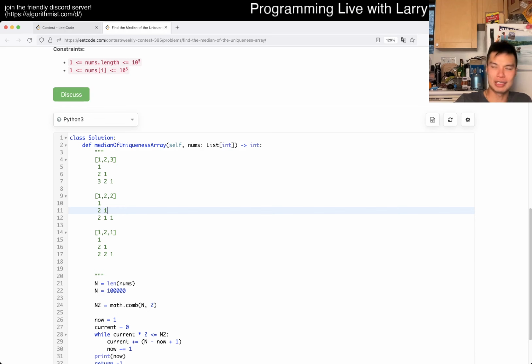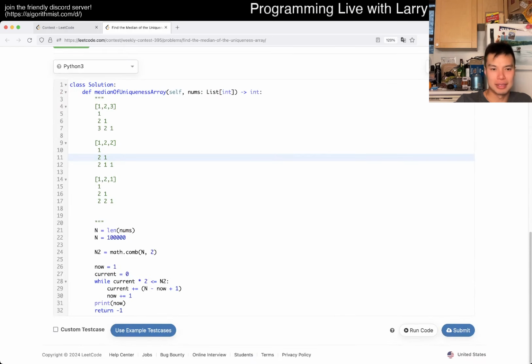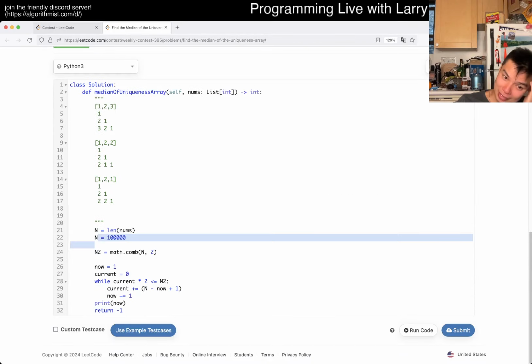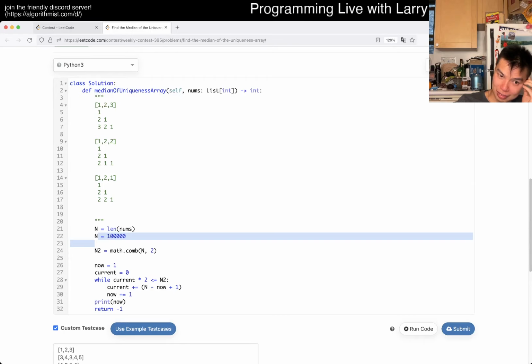So for 4, the answer is going to be 1 and 2, I suppose. But given like 100,000, all the numbers are basically possible. 29.